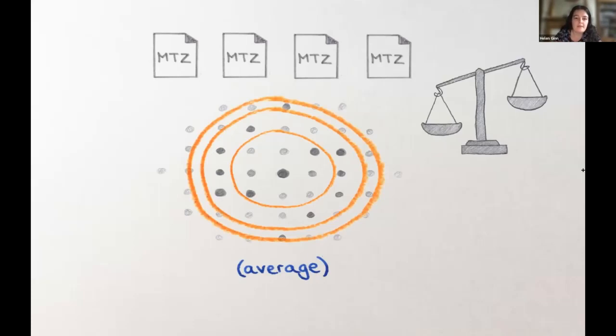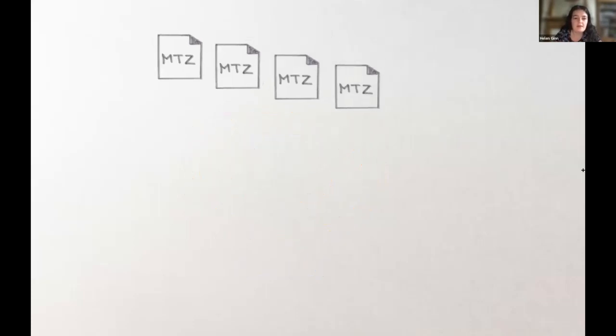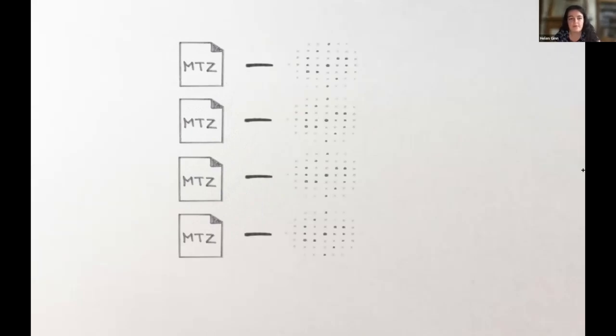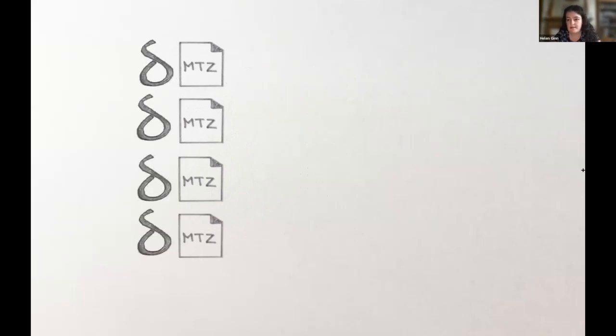And after that, for each of the individual reflections you can then subtract the average from each data set, and this produces a delta data set, which you can then look at as the deviation from the average for each data set. We can then go through every pair of data sets and calculate correlation coefficients to see which data sets behave in similar ways with respect to the average.